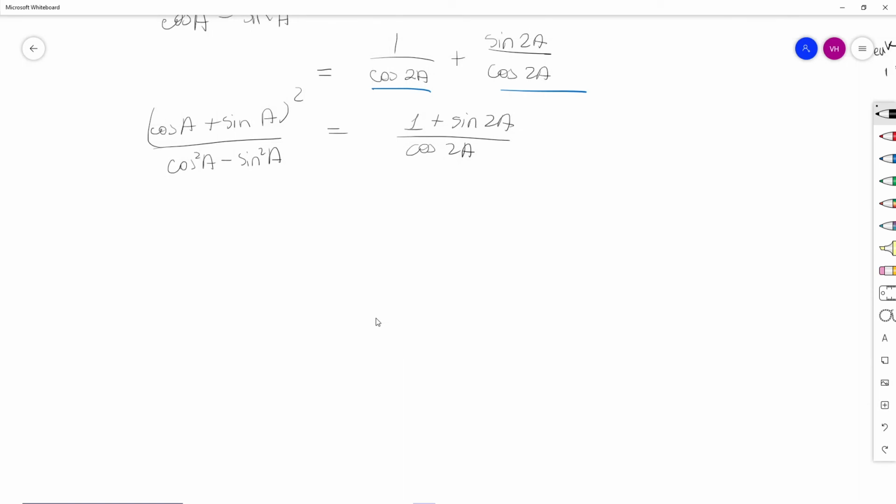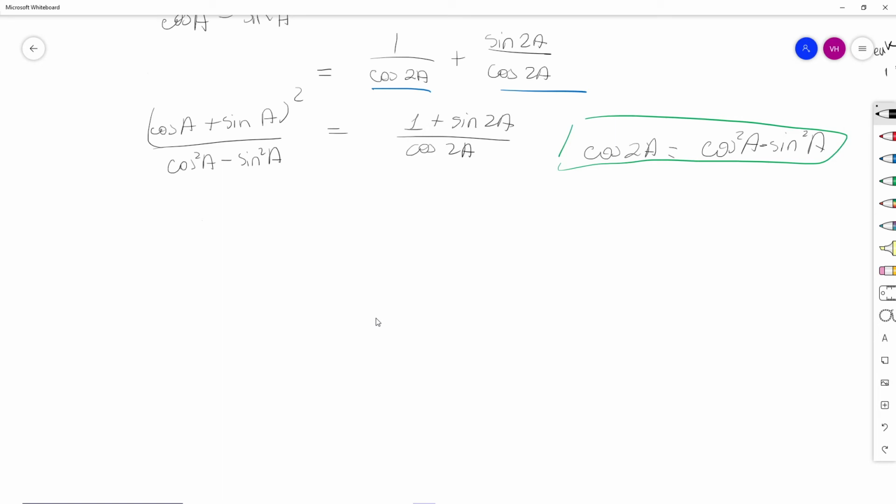Now we get cos squared a minus sine squared a, but that is an identity. So cos 2a equals cos squared a minus sine squared a. It also equals other things, but that is one of them. And as we can see, that is exactly what we have in the denominator here.